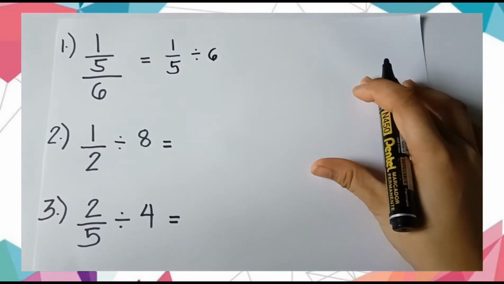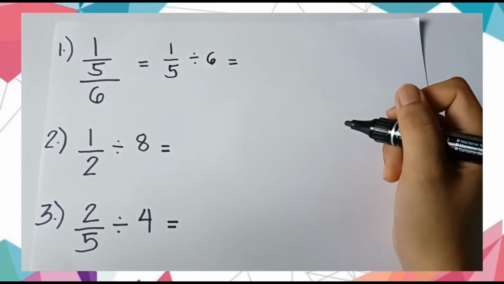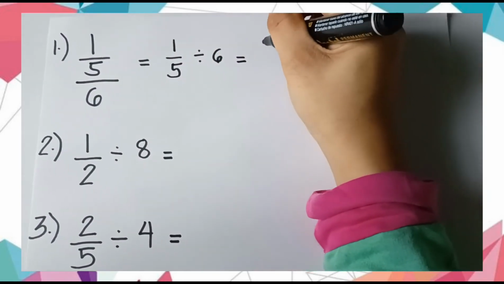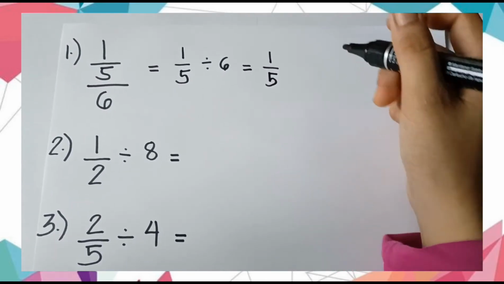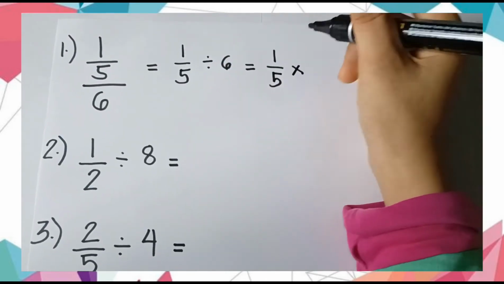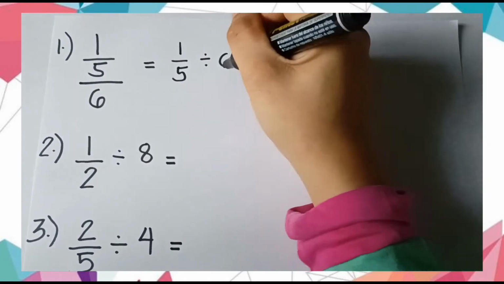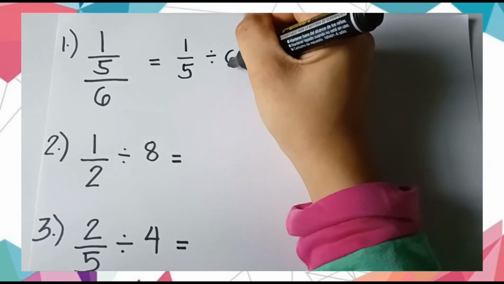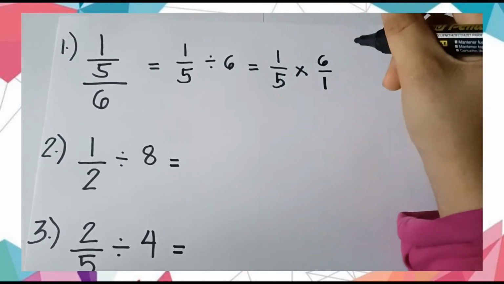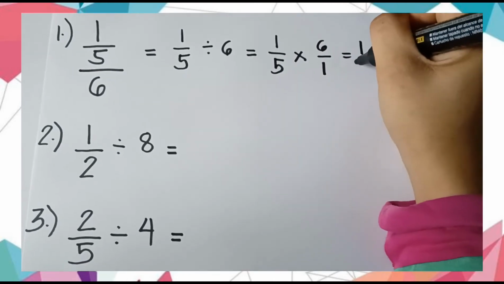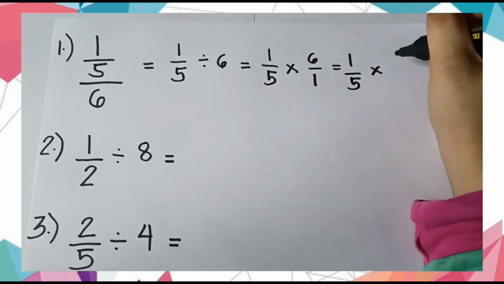Using the KCF method, we keep the first fraction, 1/5, and then we change the division into multiplication, and then we write 6 as 6/1.